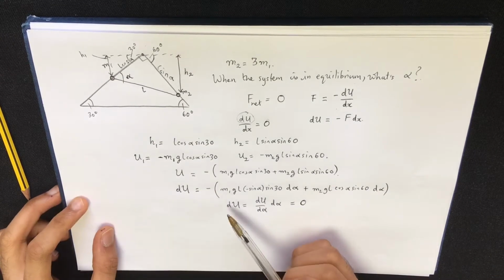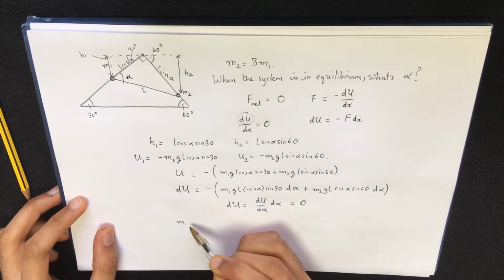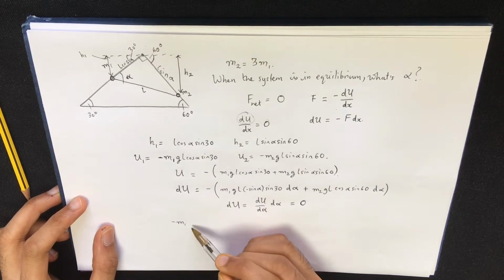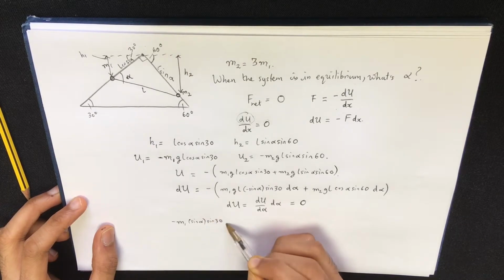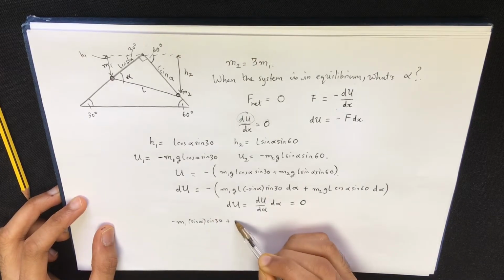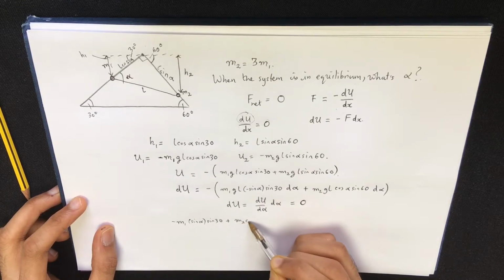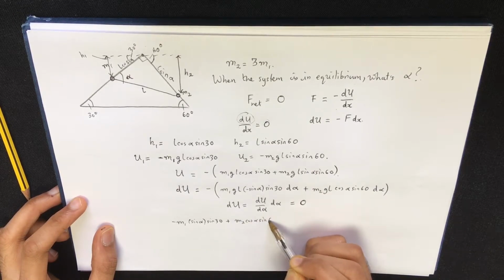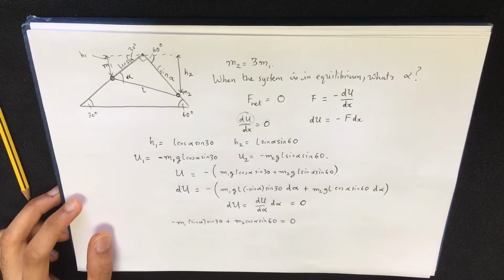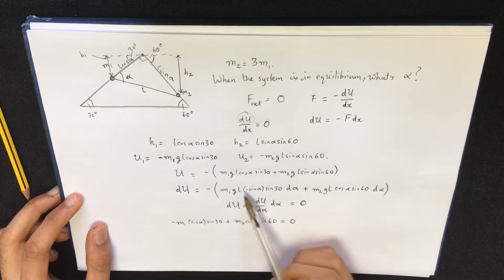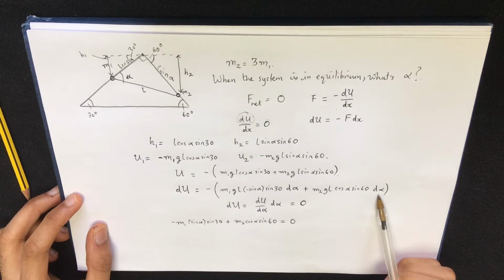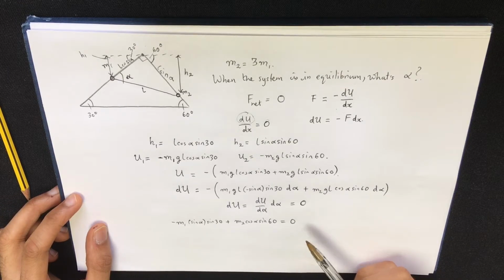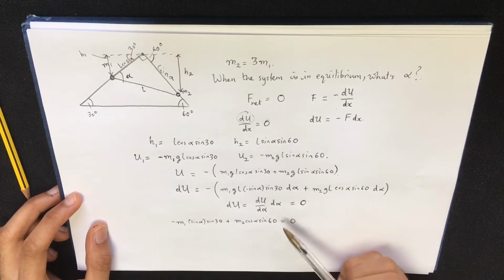So what we're left with is basically minus m1 sine alpha sine 30 plus m2 cos alpha sine 60 equals 0. So the g's and the l's and the d alphas, because those aren't going to be equal to 0, I basically threw them over to the other side and multiplied them with 0 to basically get nothing. So I'm just left with this.